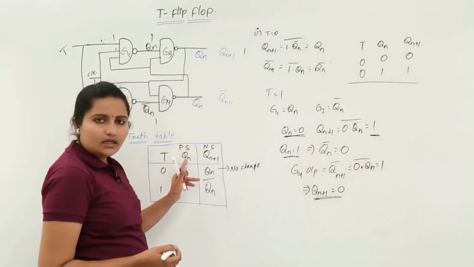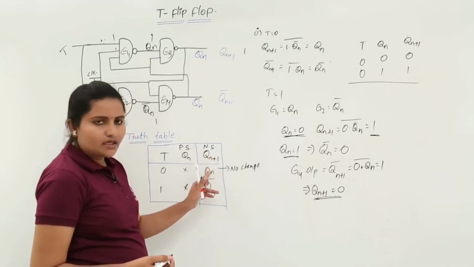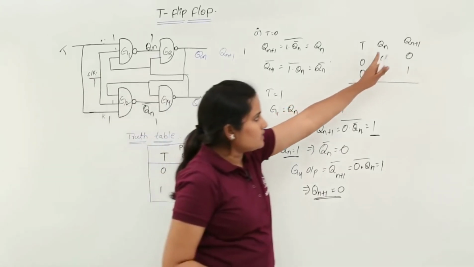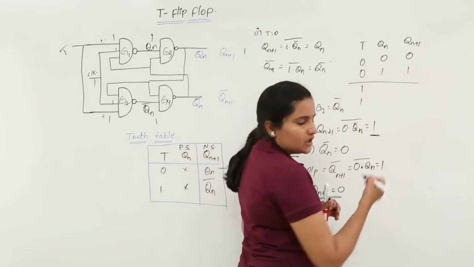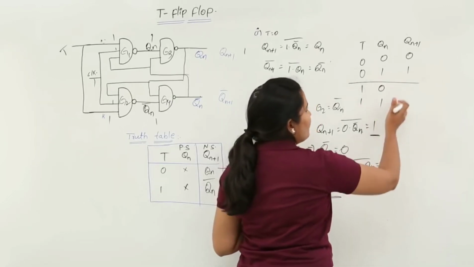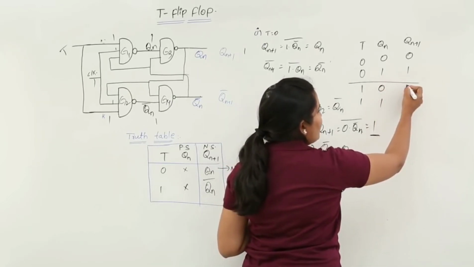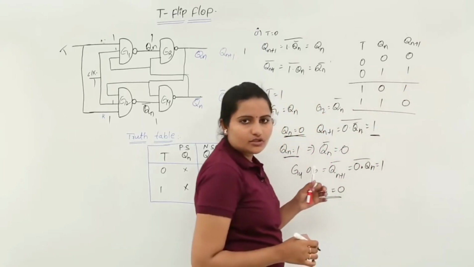So Qn is either 0 or 1, that same Qn you are getting at output port. So I written like this. In case of T equal to 1, the Qn may be either 0 or 1. You are getting complement of Qn, that means when 0 is there you are getting 1, when 1 is there you are getting 0. This is the expanded truth table.